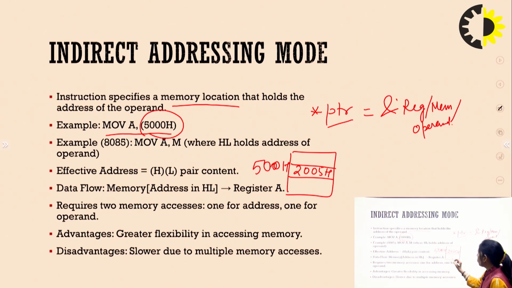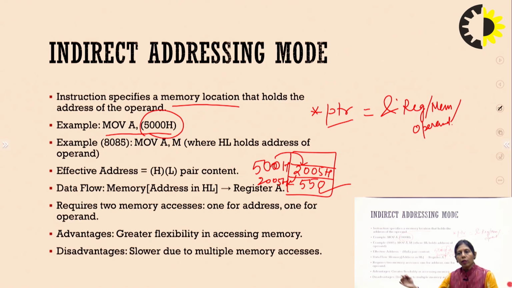Then 2005H, whatever it contains, let's say it contains the value 55 or 550. This is the final operand, but we have reached this destination via this path. So it contains the address of an address, and that finally has the operand value.